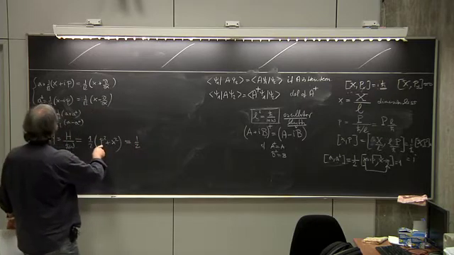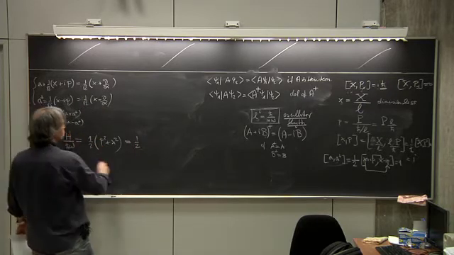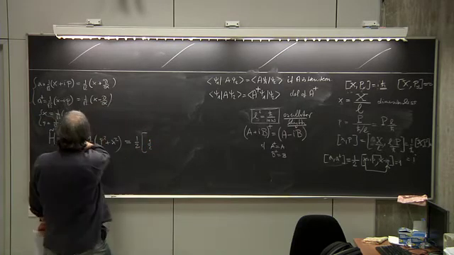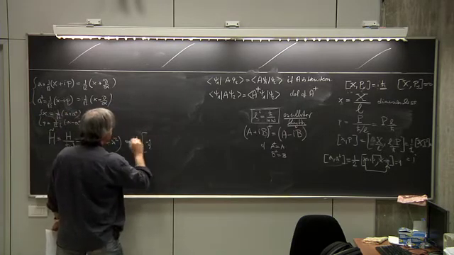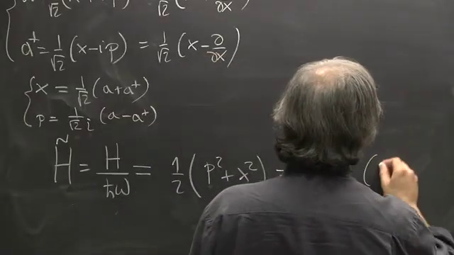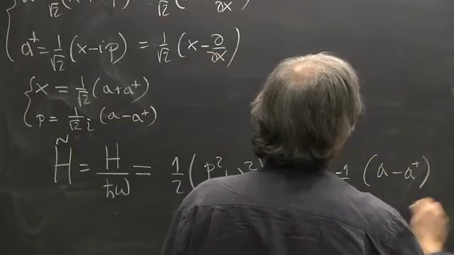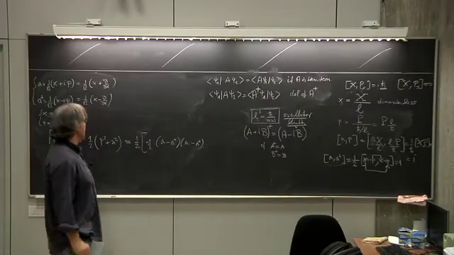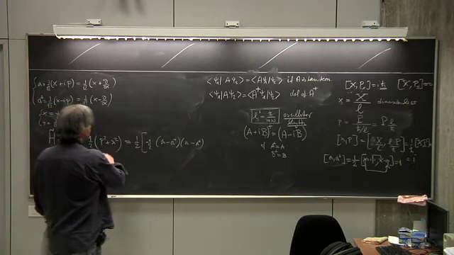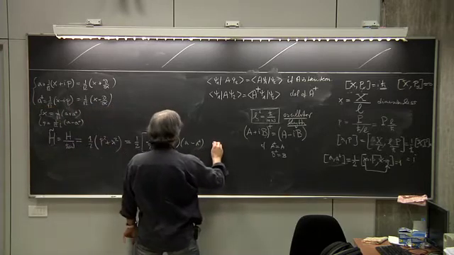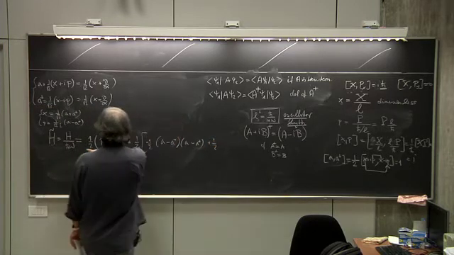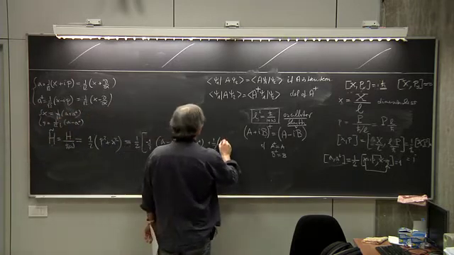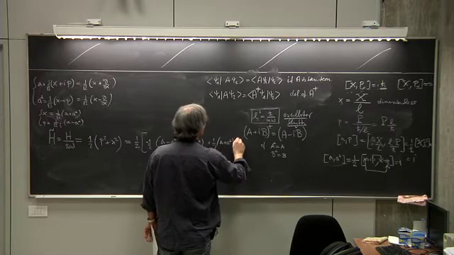1/2 P squared is the square of this. So you have what? You have 1/2 again. You have the square of i, which is a minus 1. And then you have the square of A minus A dagger. Okay, so I write it like this. This one is again 1/2 coming from the square root here. And then I have A plus A dagger squared.